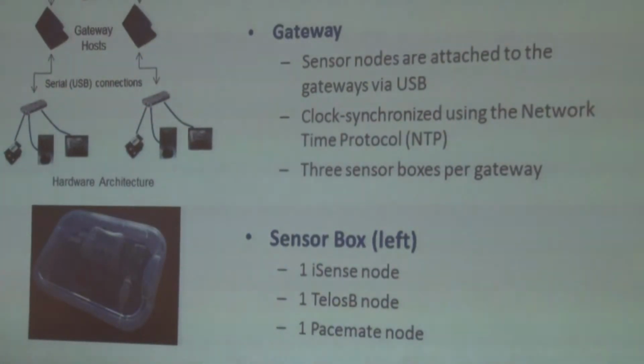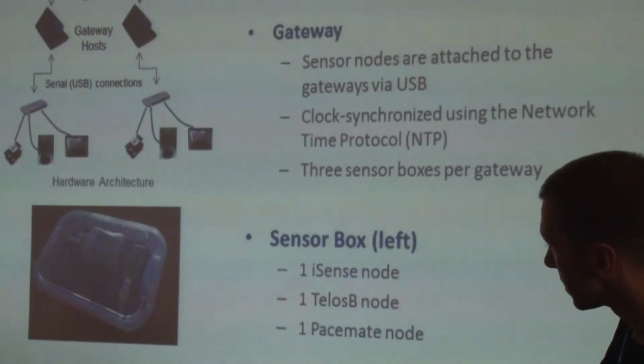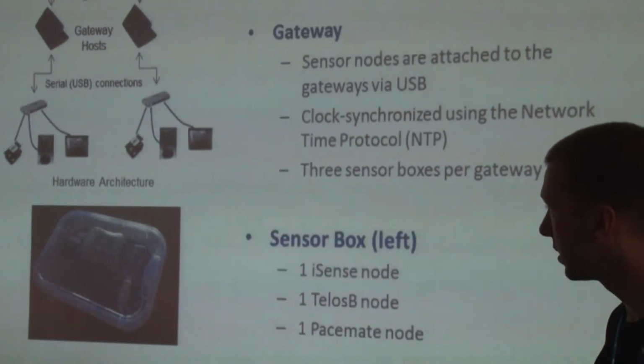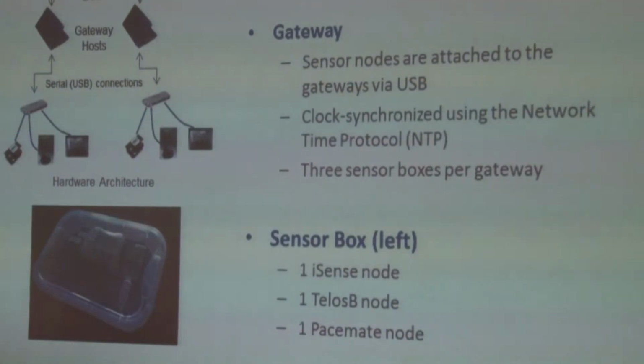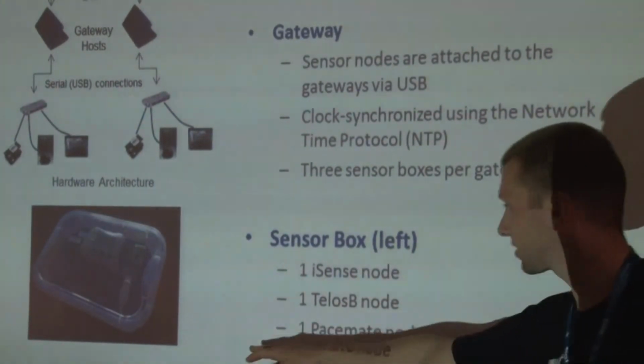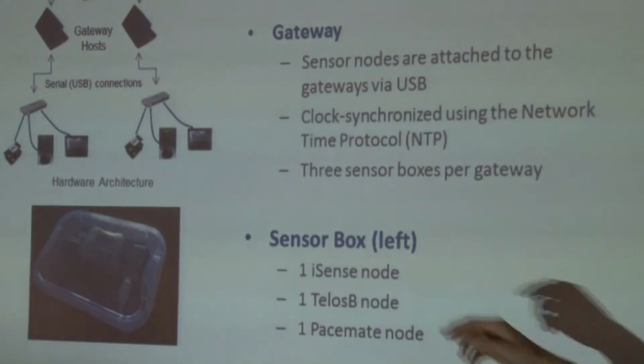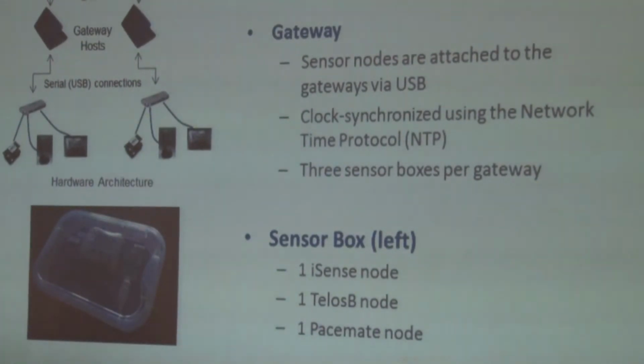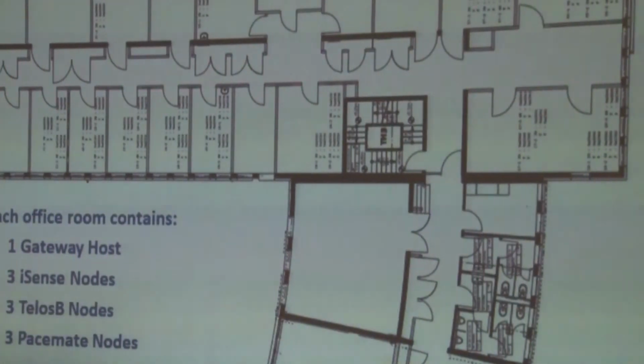For sure, the gateway nodes are clock synchronized. It's important. And well, every gateway host has attached 3 of these boxes. In each of these boxes, you find one of the various nodes that we have.